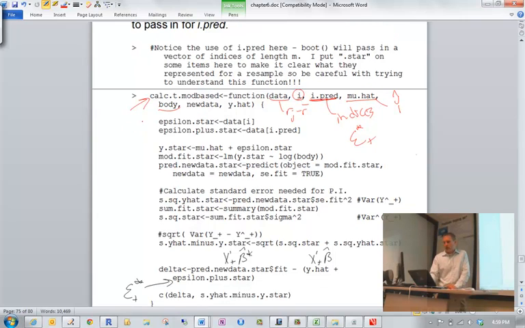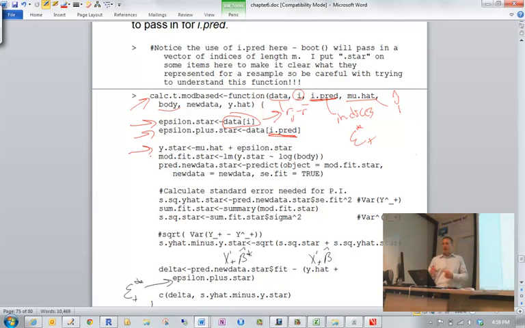Okay, so first, I get my epsilon stars. That comes the usual way from these rj minus r bars. Then to get the epsilon star pluses, this is where I grab out those extra rj minus r bars. I find y star in the usual way.